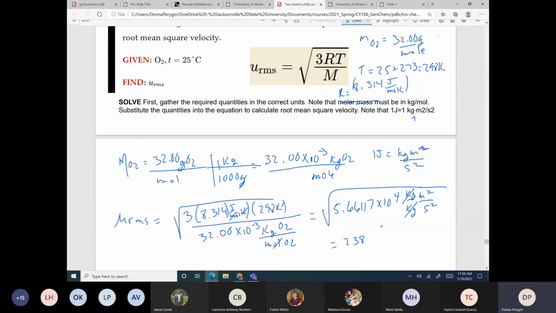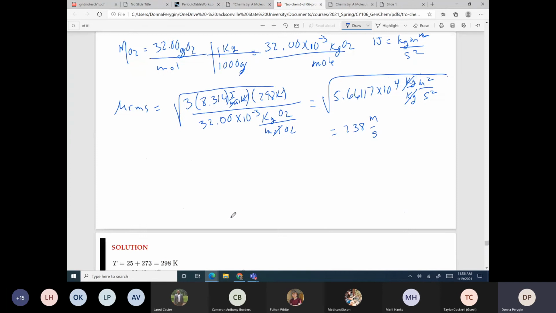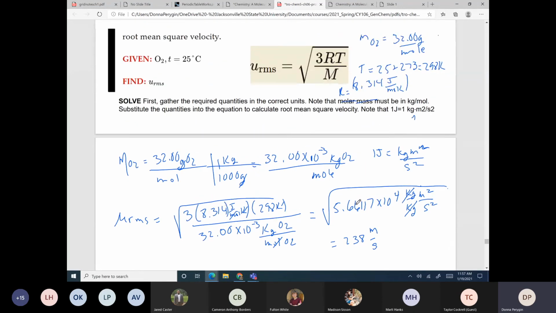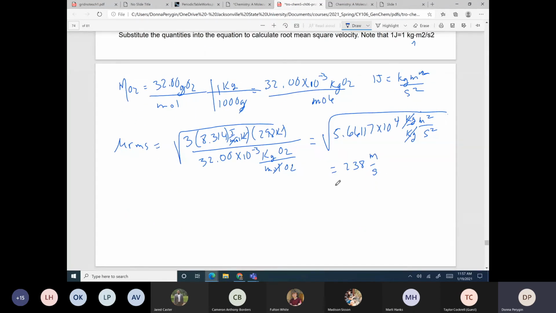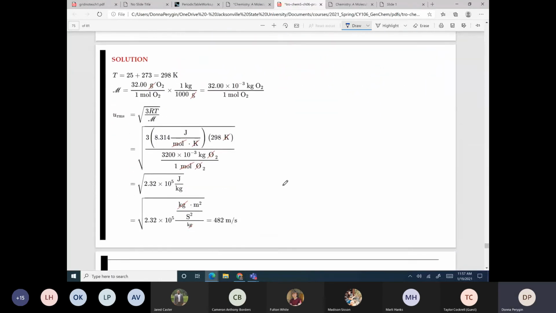So when we take the square root, we're left with meters per second. Okay, so the answer is 238 meters per second because this is velocity. Okay. All right, so I'm sorry I kind of forgot about that. That's essentially how you do that kind of problem, and I had forgotten about the difference in the units there. All right.